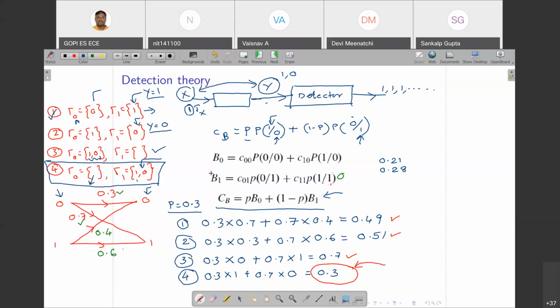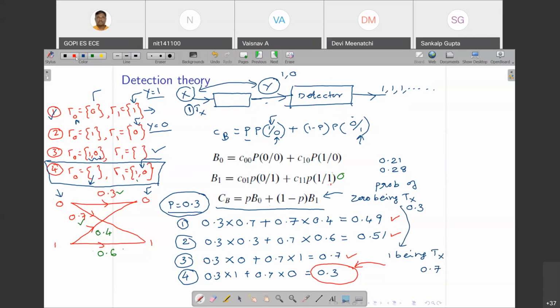You have to see the prior probability. You see that the probability of 0 being transmitted from the transmitter is 0.3, but the probability of 1 being transmitted is 0.7.